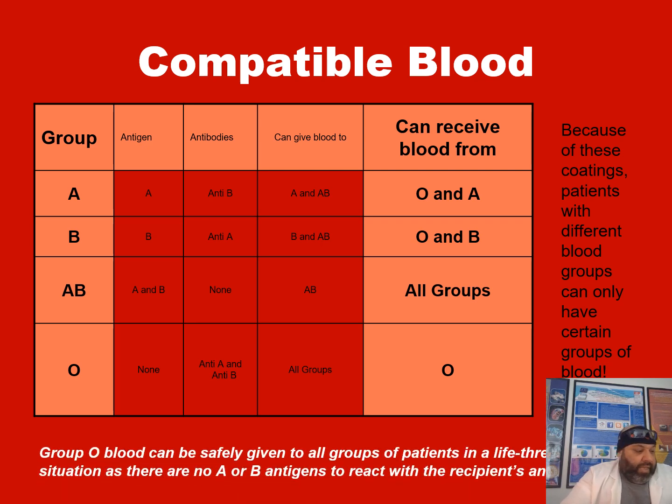So the main point I want to make is that group O can be safely given to all groups of patients in a life-threatening situation or scenario, as there are no A or B antigens to react with the recipient's antibodies.